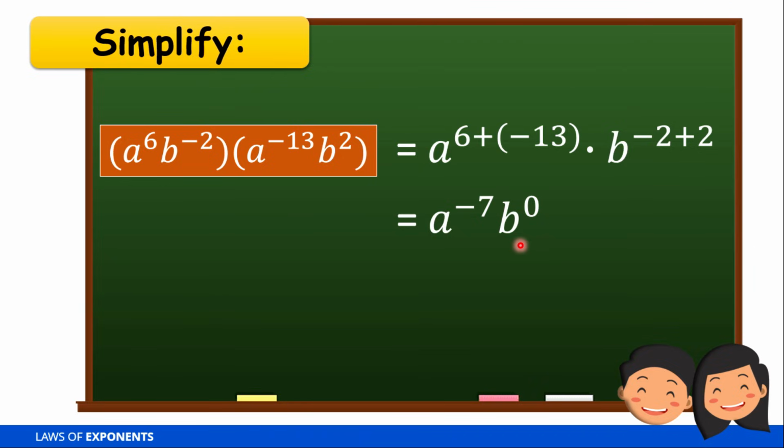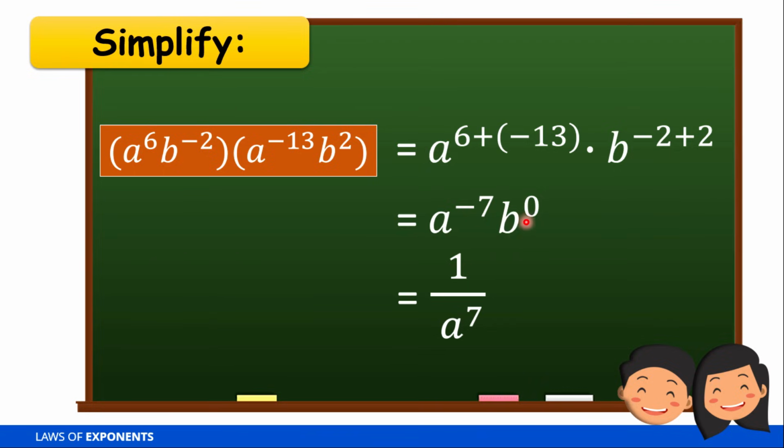Then simplify natin. Since mayroon nga tayong negative exponent at saka 0 exponent, i-apply natin dito yung mga rule natin kapag mayroon tayong negative exponent at saka 0 exponent. So, yung B to the 0th power, that is equal to 1. Tapos, yung A to the negative 7th power, para maging positive yung exponent, kailangan maging denominator yung ating base na A. So, ito na ang ating magiging final answer.